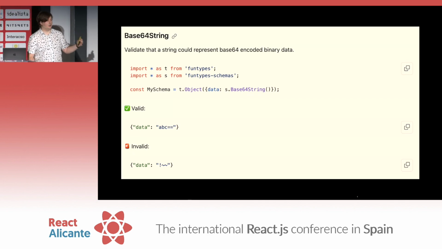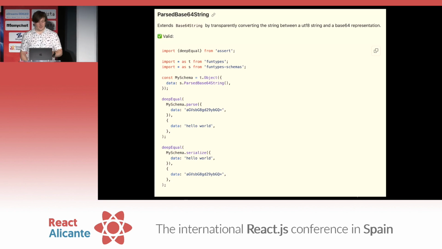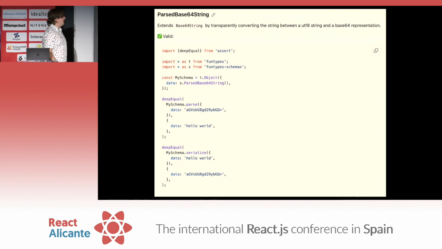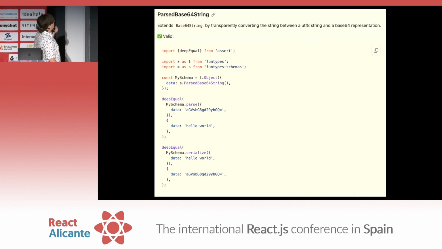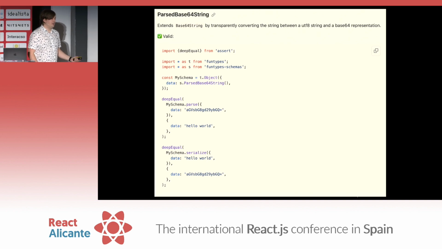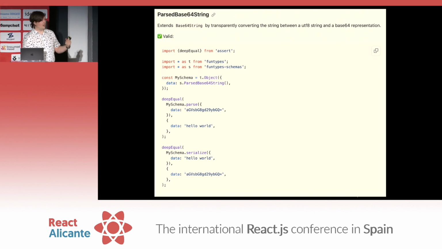Like, does it contain only the characters that are allowed in base64 strings? But you can go one step further and use a parsed base64 string, and that says not only check that it's a base64 encoded string, but then decode that base64 encoded string back to the original un-base64 encoded string.